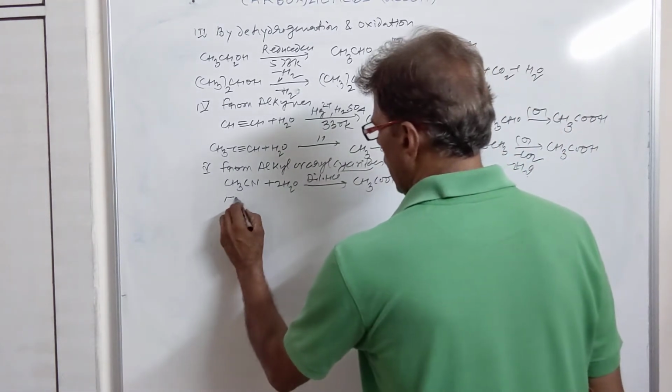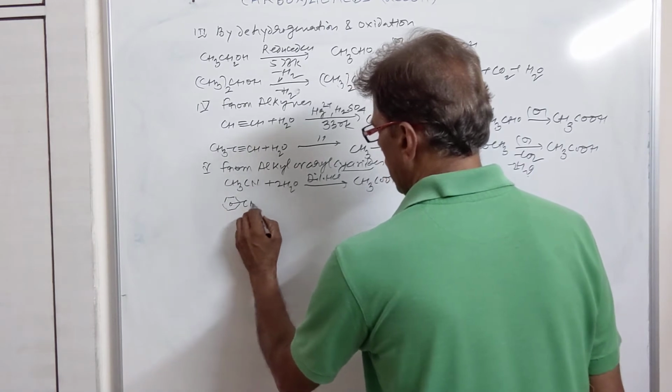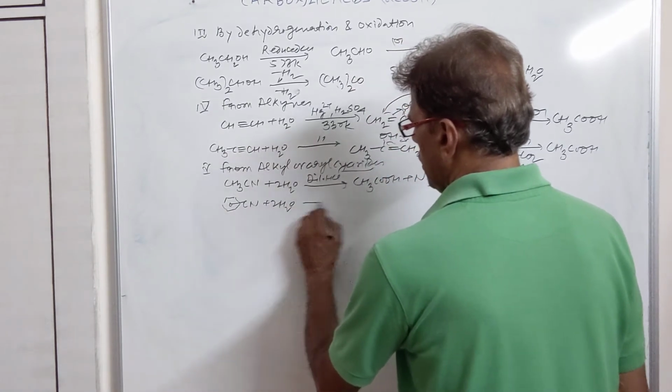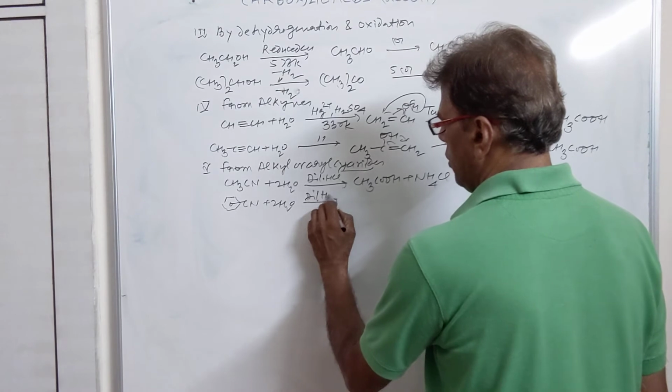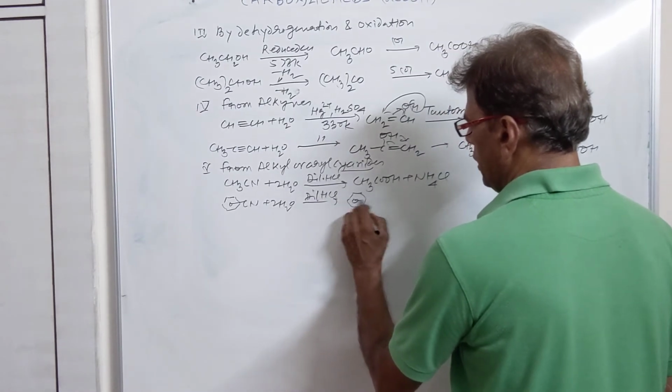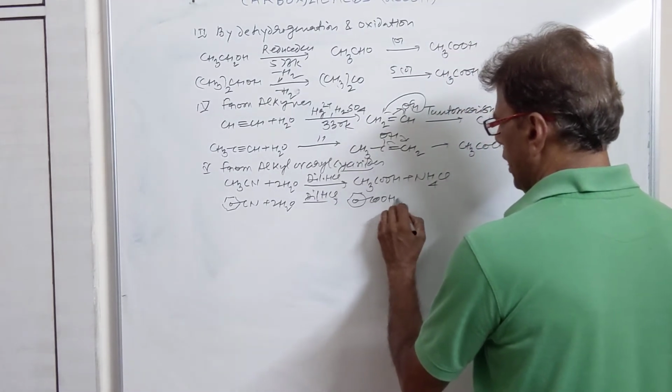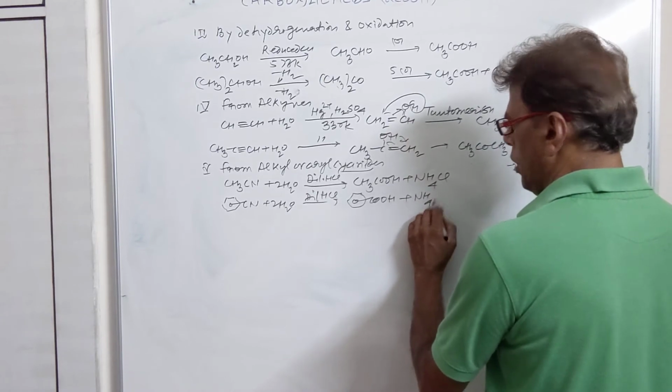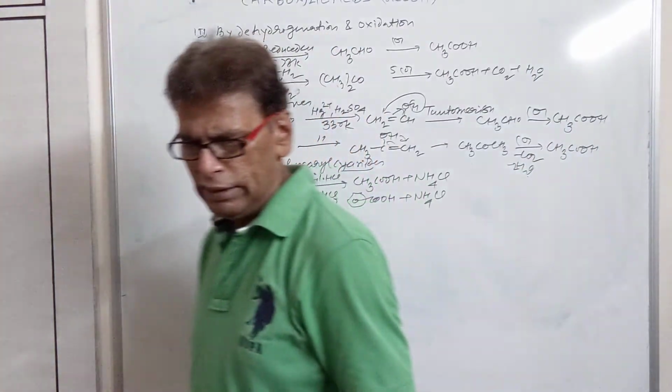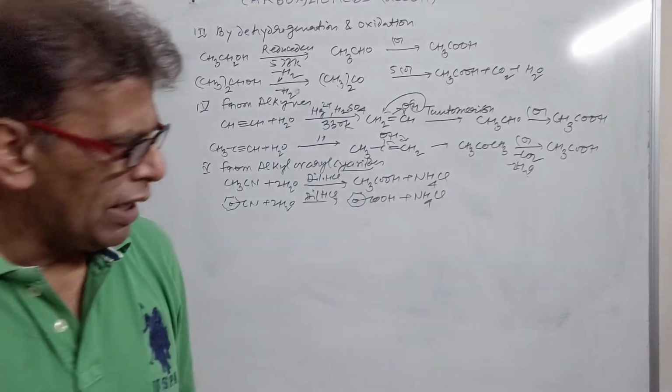Similarly, if we have benzene carbonitrile given water in the presence of dilute HCl, again we get benzoic acid and NH4Cl. So this is our fifth method, converting cyanides into carboxylic acids.